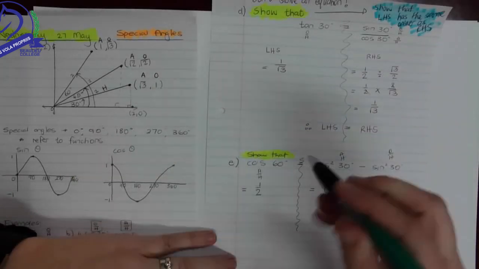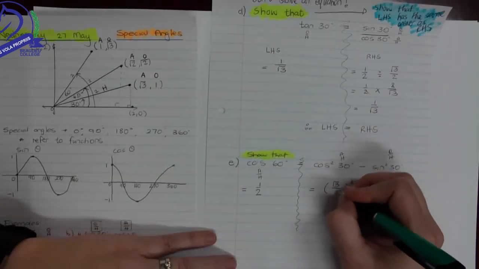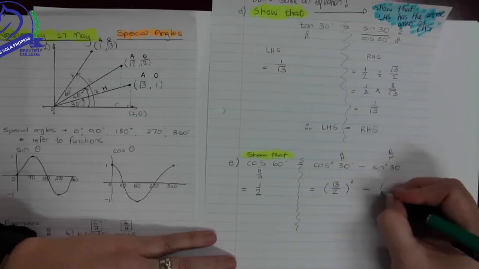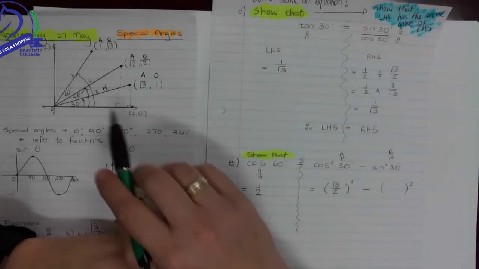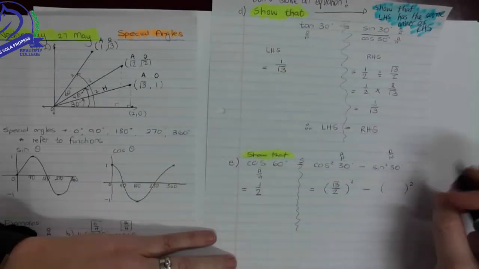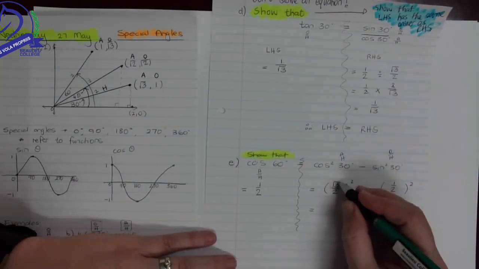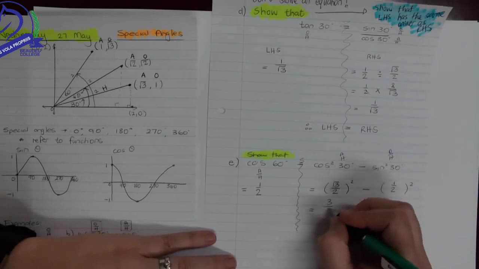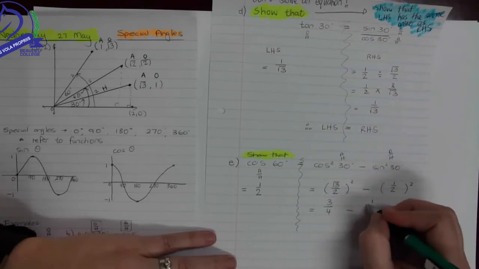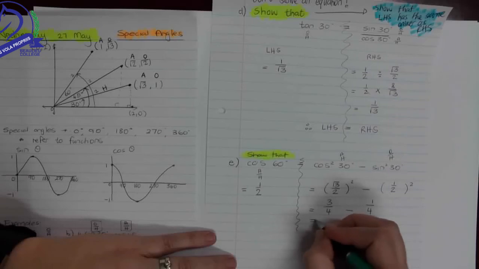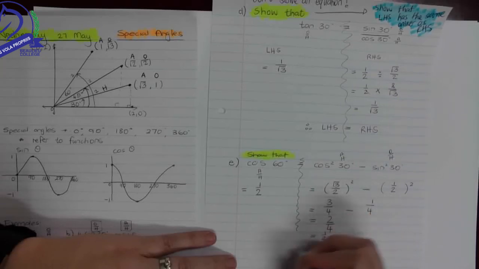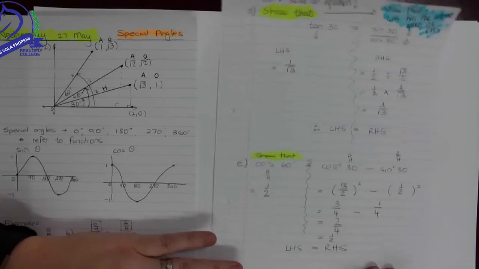So at 30, A is square root 3 over H. Sine 30 is O over H. It's 1 over 2, and that must be squared. So I have 3 over 4 minus 1 over 4, which is 2 over 4. That is a half. Therefore, my left hand side is equal to my right hand side.